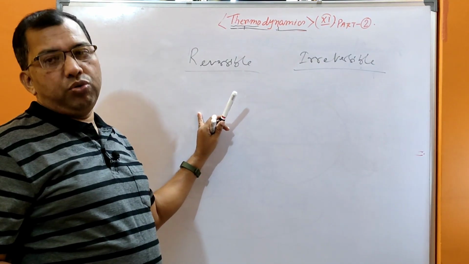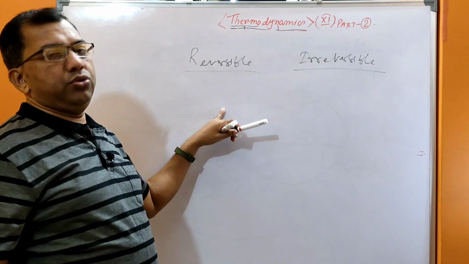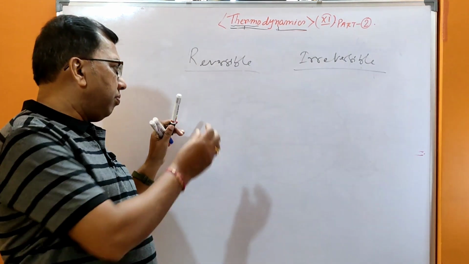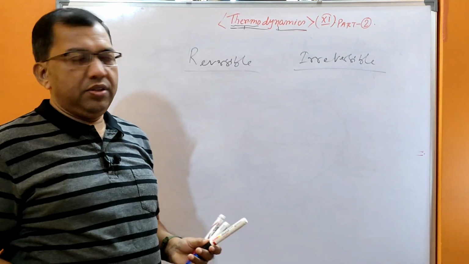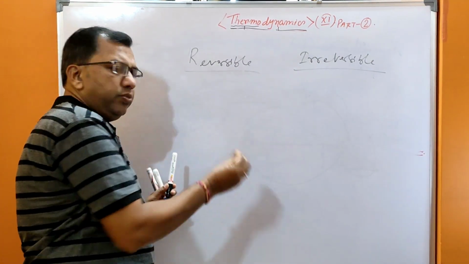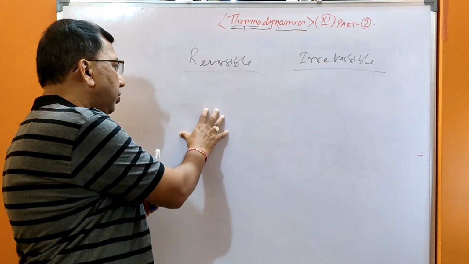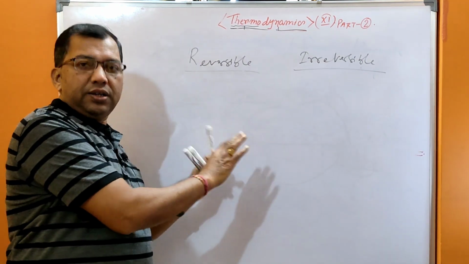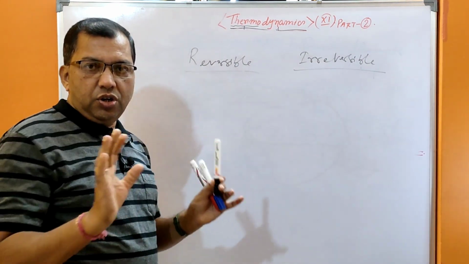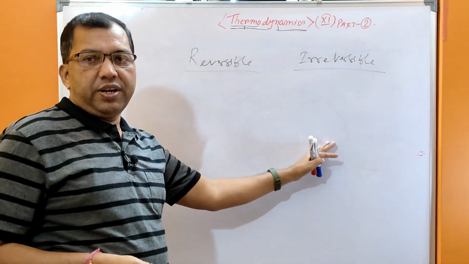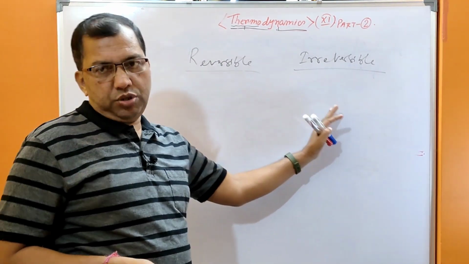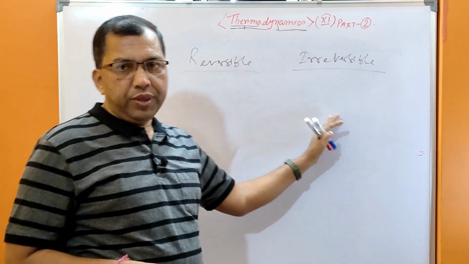The difference between the opposing force and the driving force is very small. What is opposing force? What is driving force? I am discussing. But here there is a large difference between the opposing force and the driving force.